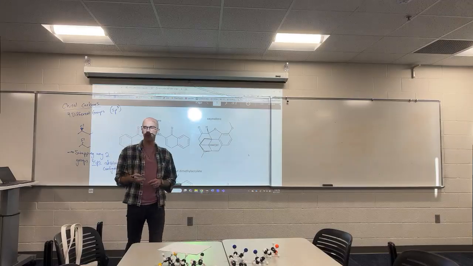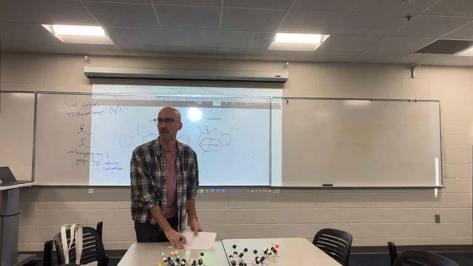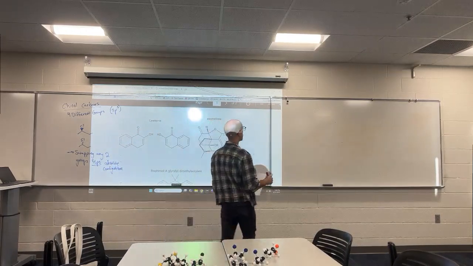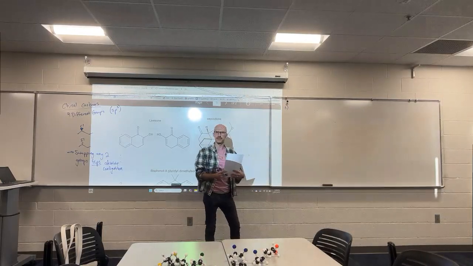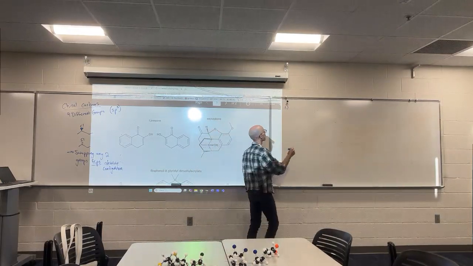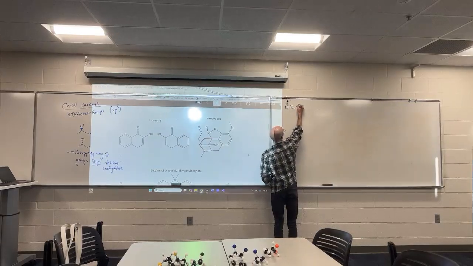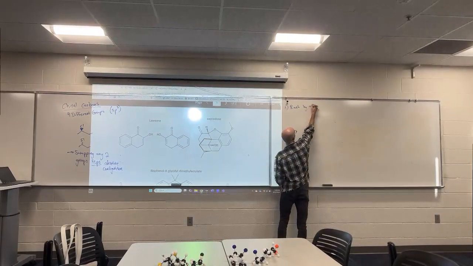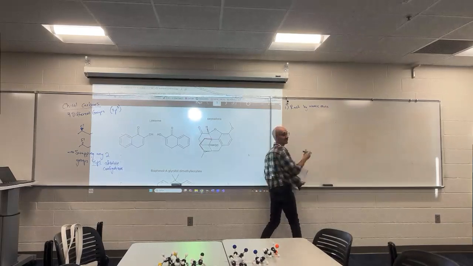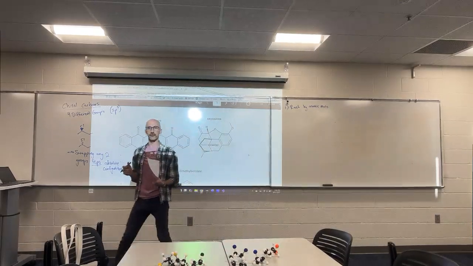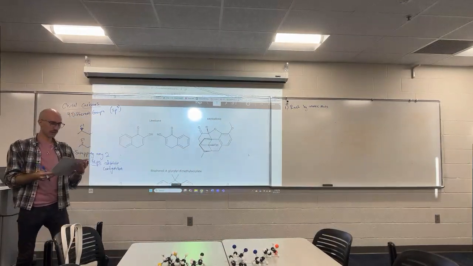Do you remember the rules for establishing the absolute configuration? The Cahn-Ingold-Prelog rules. Good. Rank the groups by highest atomic mass at the first point of difference. Rule number 2.